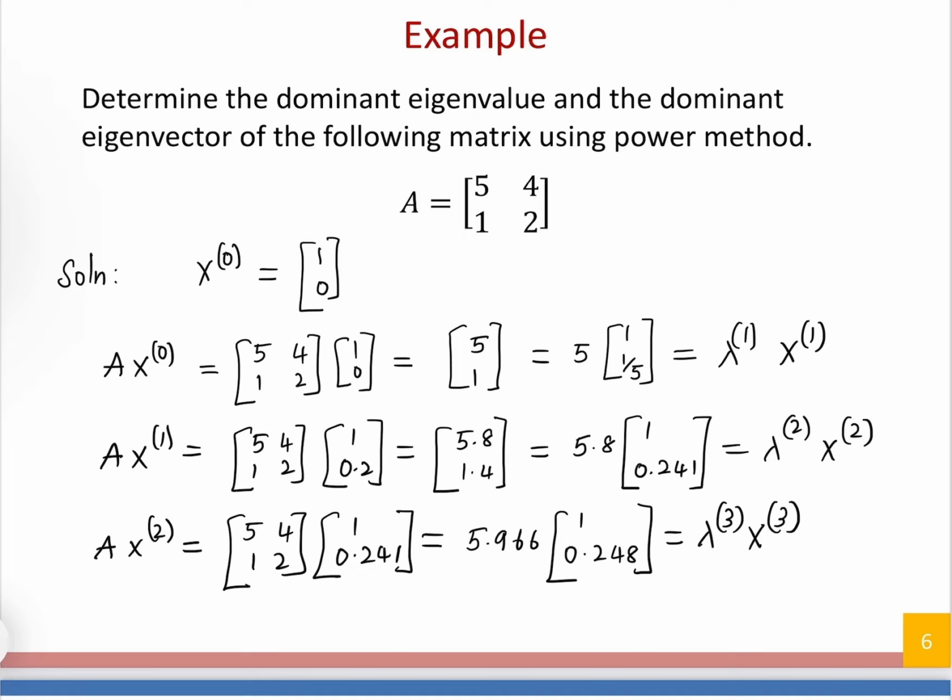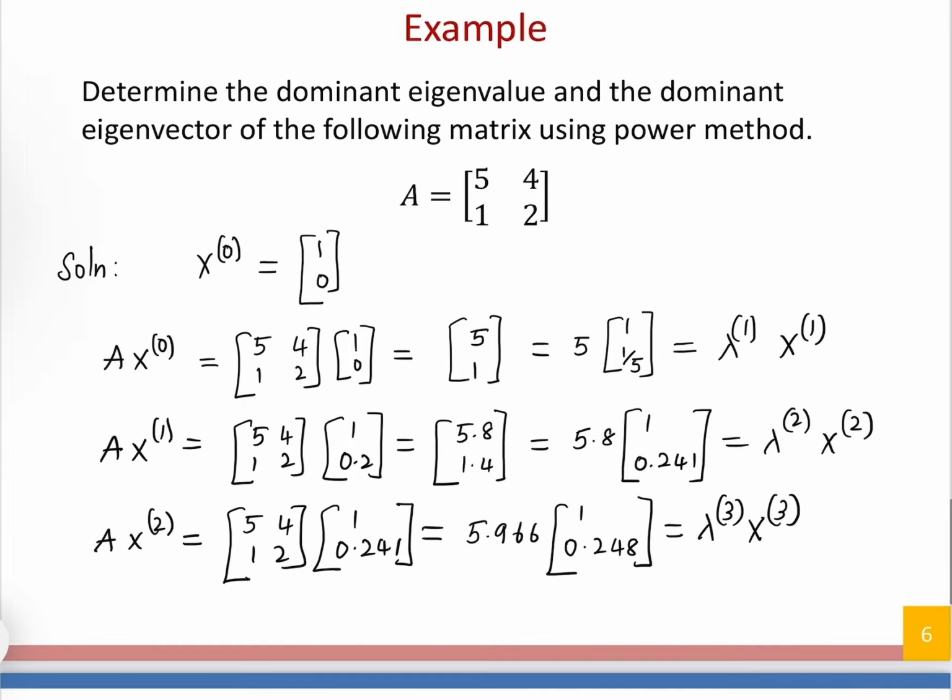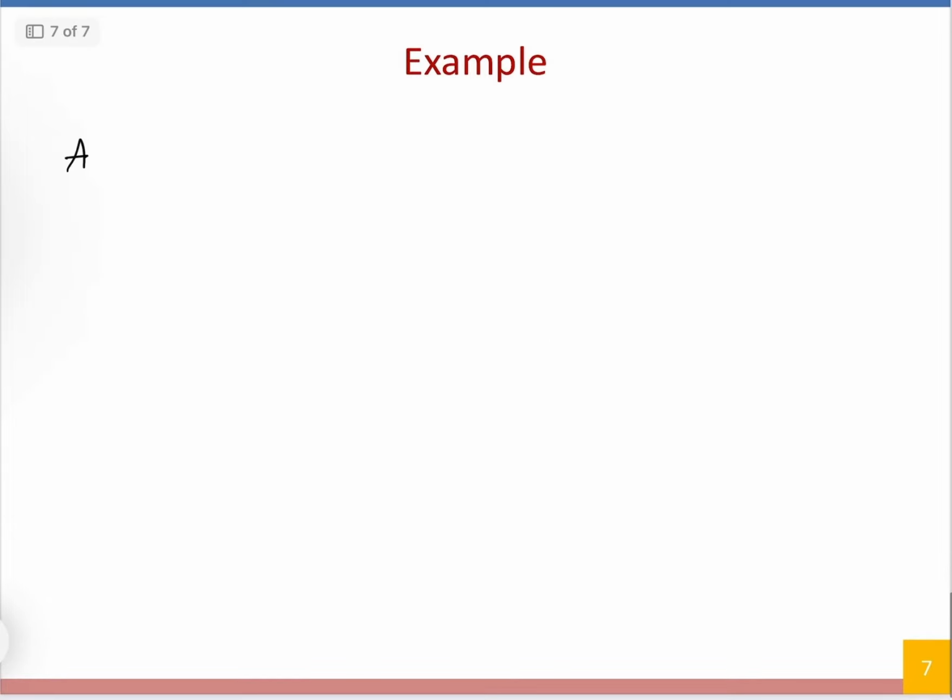Here, if it is approaching some number, we stop the process. Let's do a few more iterations. A times x3, yeah, we are multiplying this to find a fourth approximation, a fourth iterative value.